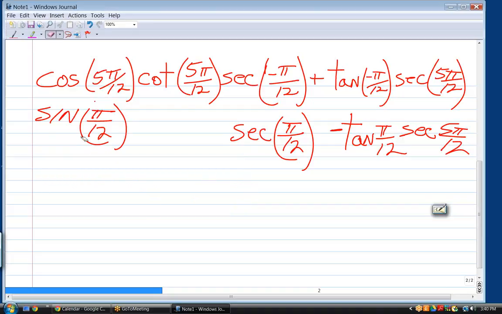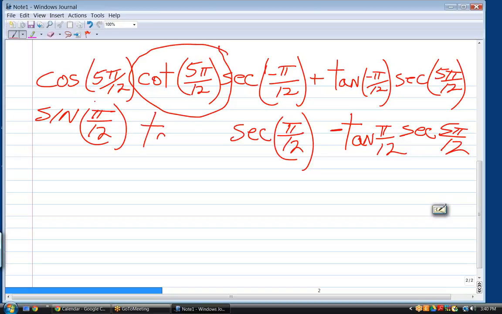And the only reason I turned it into sine as opposed to 1 over secant is because I realize at this point that I can turn every function here into a pi over 12 in the argument by using the cofunction property. What should I replace that with? Tangent of what?